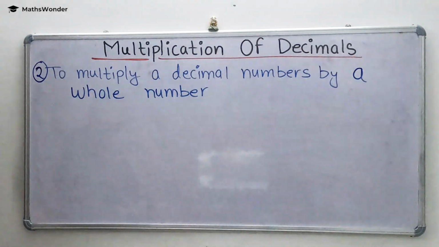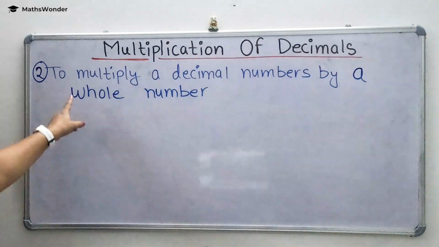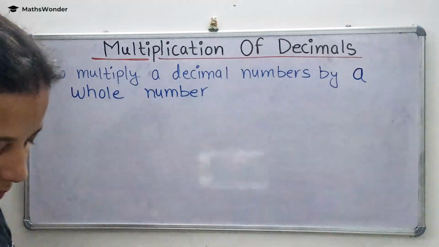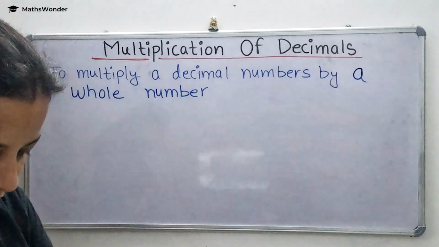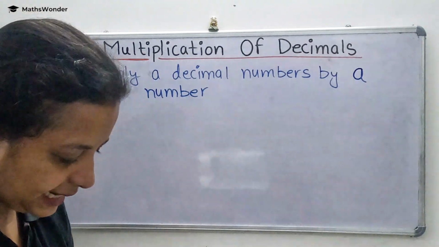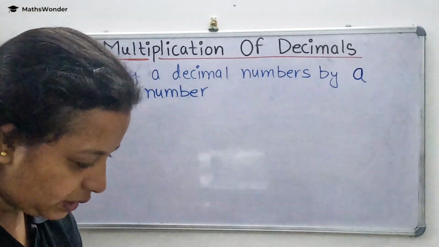Now, this is the second part of the multiplication of decimals: to multiply a decimal number by a whole number. If the question is given in this form, how will you multiply it and solve this question, okay? So suppose a question is given, we can take any example with a whole number.